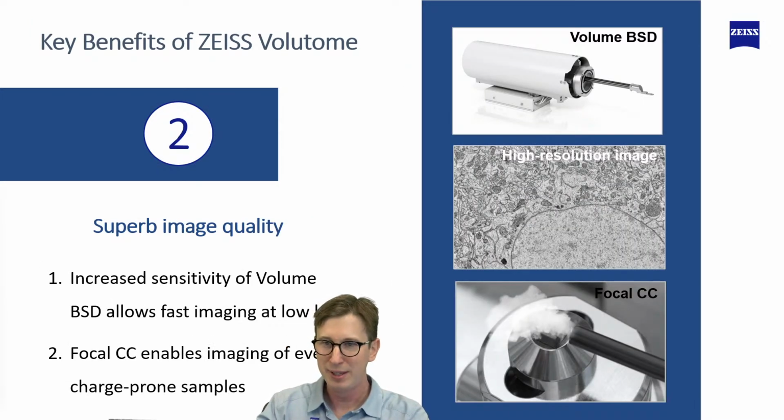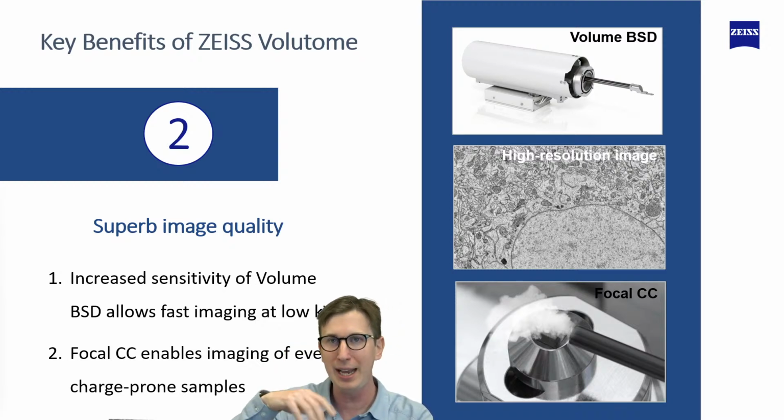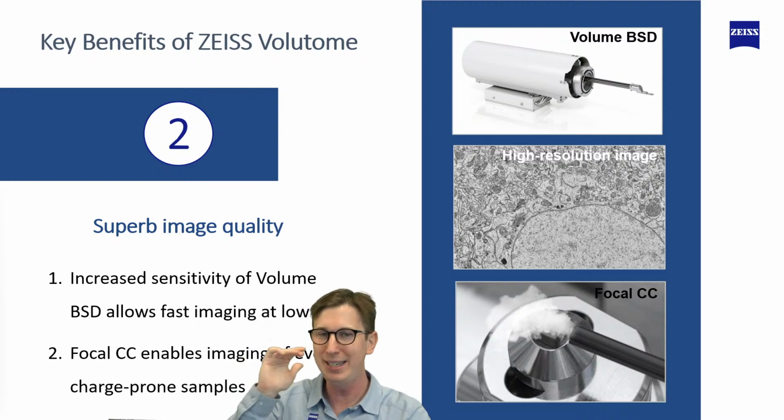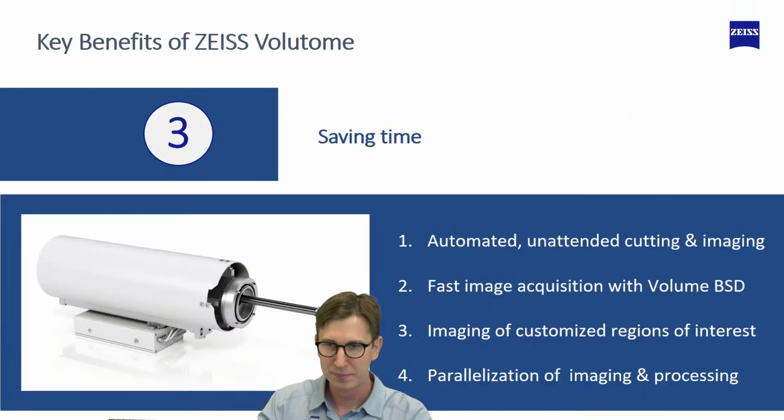We have superb image quality thanks to that volume BSD detector, and of course the focal charge compensation that is putting nitrogen just where we need it, allowing us to look at a whole variety of different samples within this plastic resin that normally is really hard to image within an SEM. And it's fast, and you don't have to sit there and collect each slice.